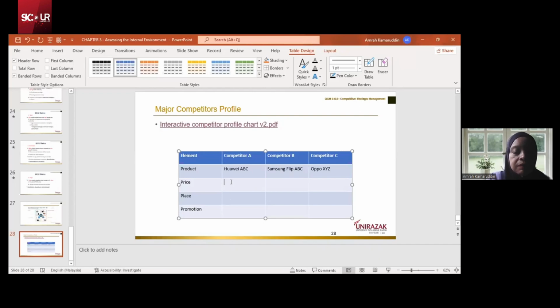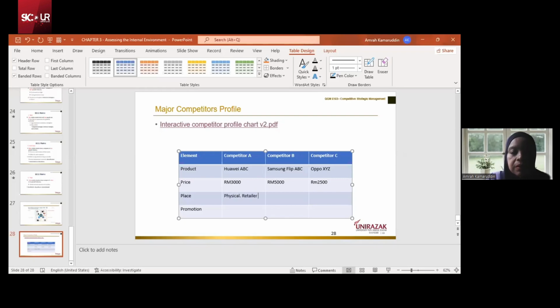The price, maybe you say Oppo is about 3,000. Flip is more expensive, 5,000. And for the competitor, Oppo is say 2,005. The place, maybe where they sell this, maybe you say physical shop. Maybe they also sell in the retailer.